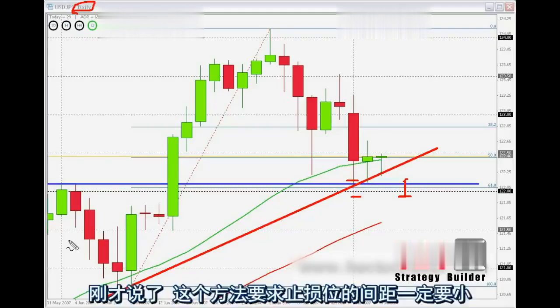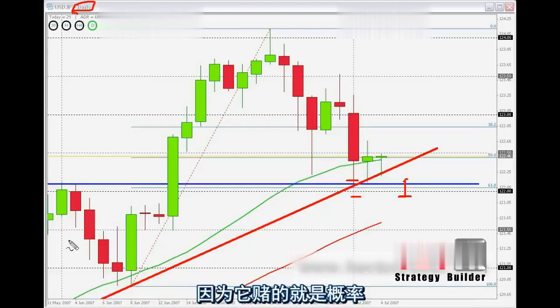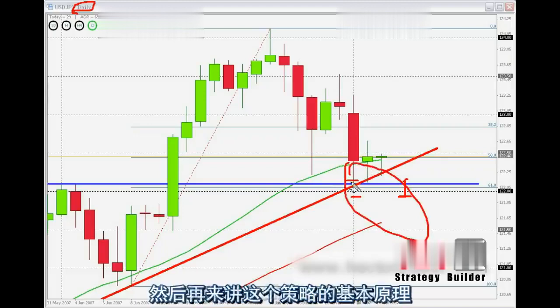Like I say, this strategy requires very tight stop losses, because it's all about statistics, probabilities and a risk-reward ratio. I want to get into that, but let me please finish my point about the entry, and I will explain what this strategy is based on.